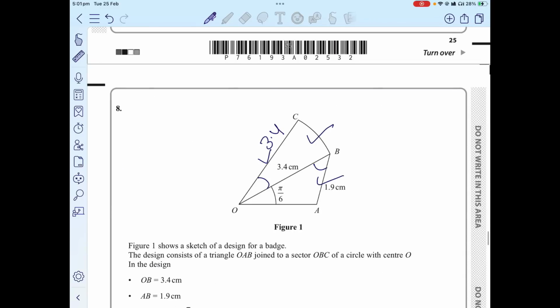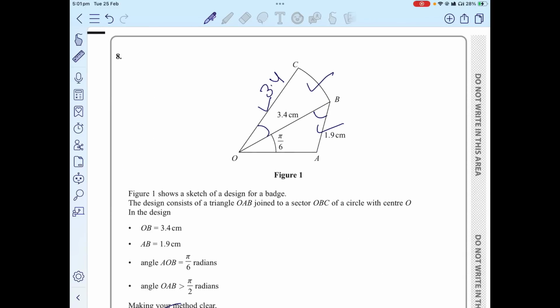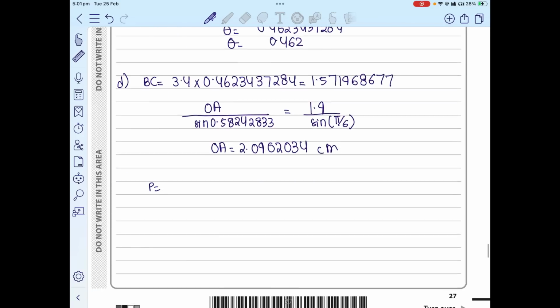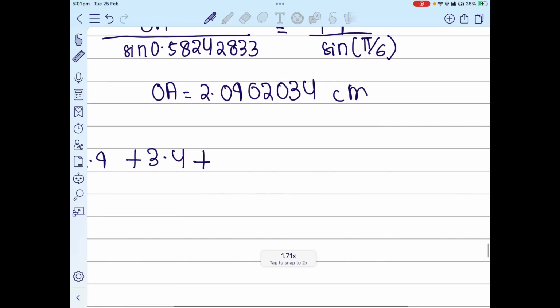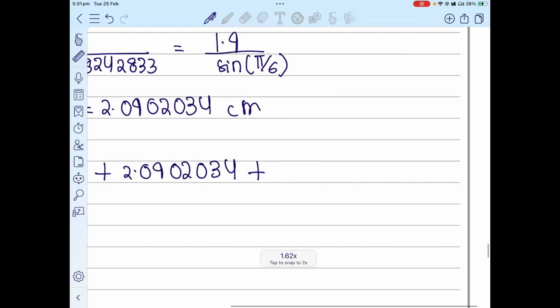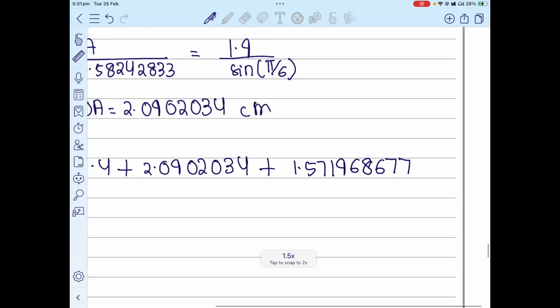Now, if I want to find the perimeter, I have 1.9, 3.4. First of all, I'm going to add these whole values, 1.9 plus 3.4. After that, I'm going to add my OA value, which is 2.09020034, and I'm going to add 1.57, which I got previously, 1.57196867.